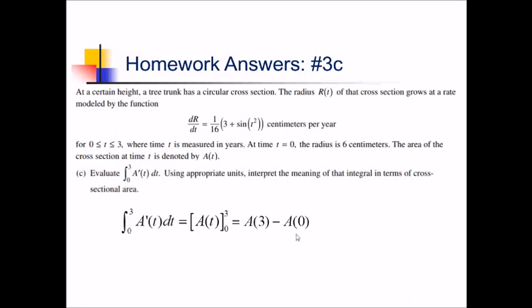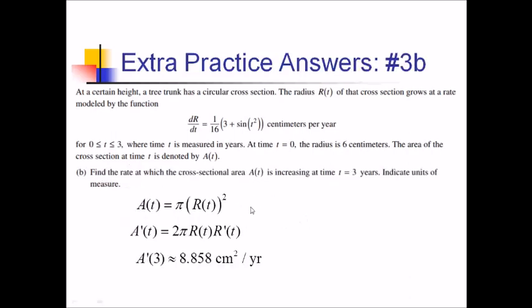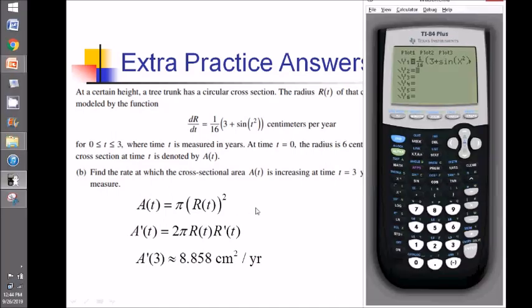Now we have to actually get a number out of this. So this is where, if you haven't already, you're going to have to do something in the calculator to represent the A function. Now going back to the last problem, we have the A function listed here as pi times r of t squared. So that's probably the easiest way to do this, is just put this in our calculator. To make this happen, I'm going to first set up the function r in my y2.